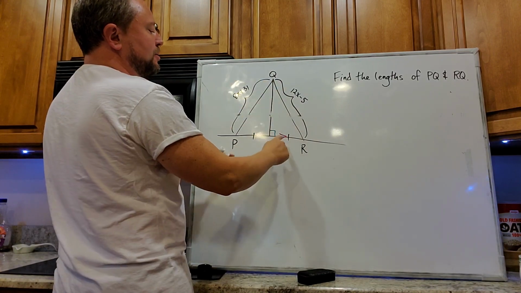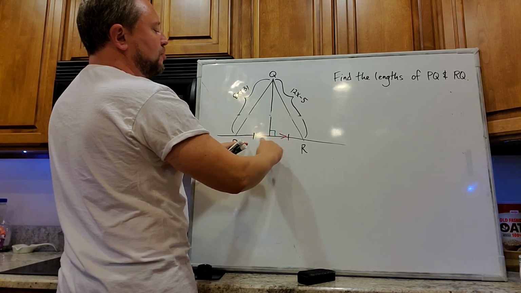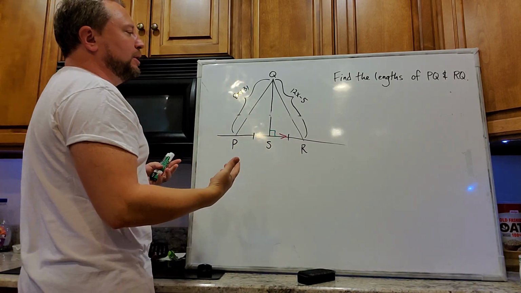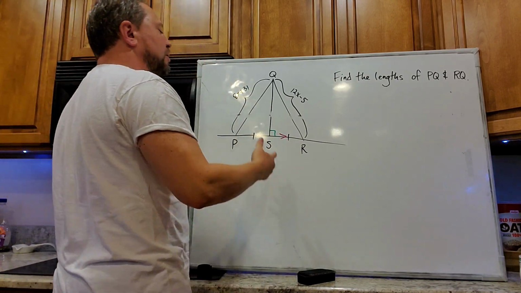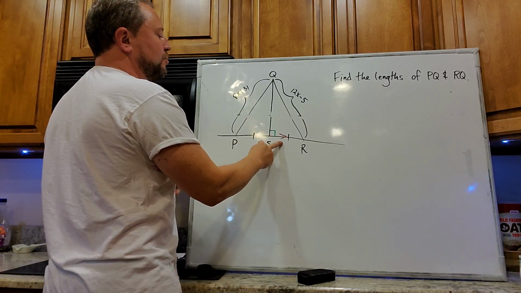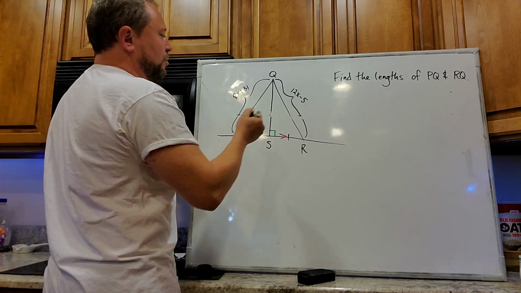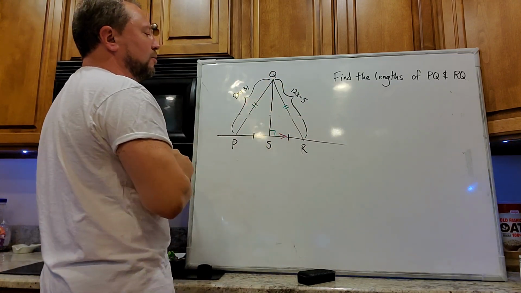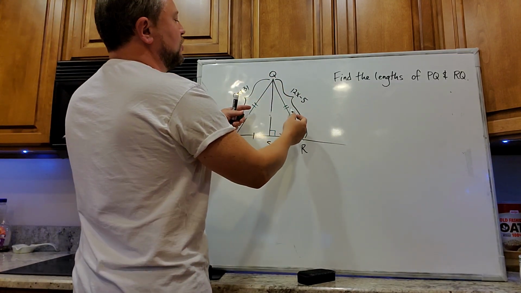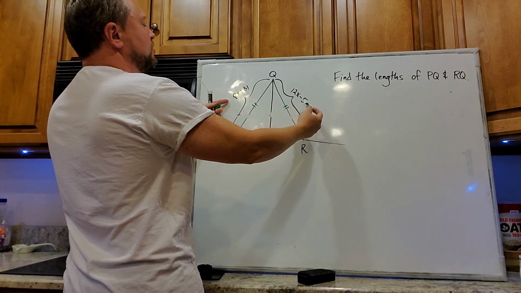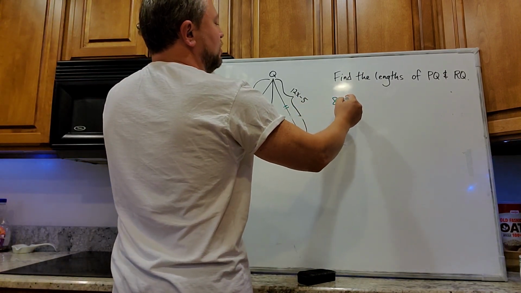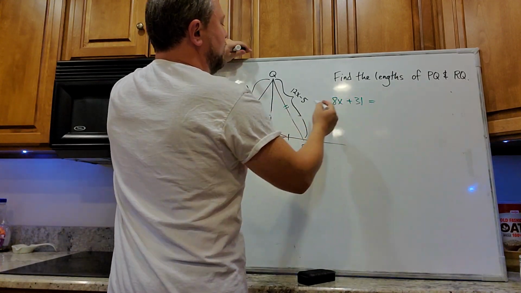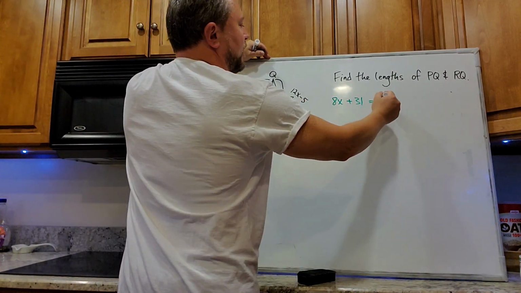See how this is now perpendicular down here as well, and it bisects that. And according to our perpendicular bisector theorem, not only are these two pieces going to be congruent, but now I know this out here and this out here are congruent. And if those are congruent, then I could set these two equal to each other. I can take 8x plus 31 and set it equal to 12x minus 5.